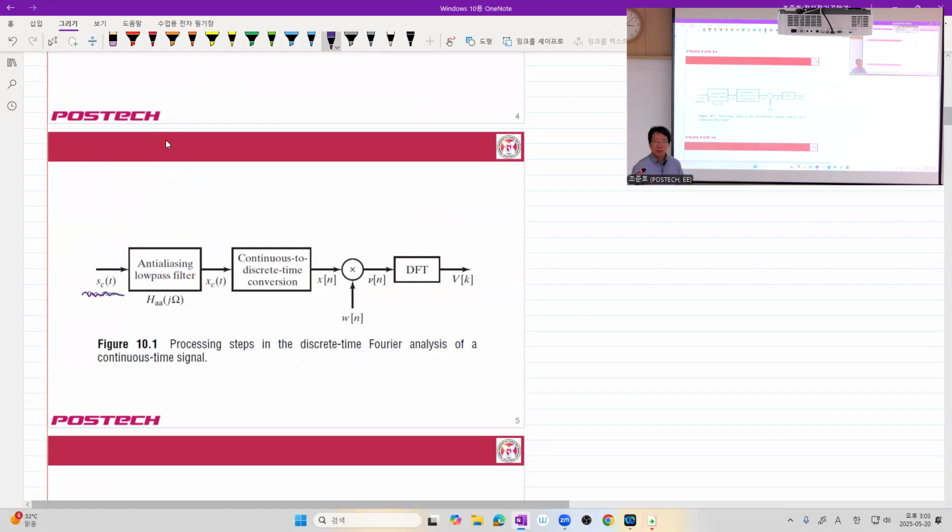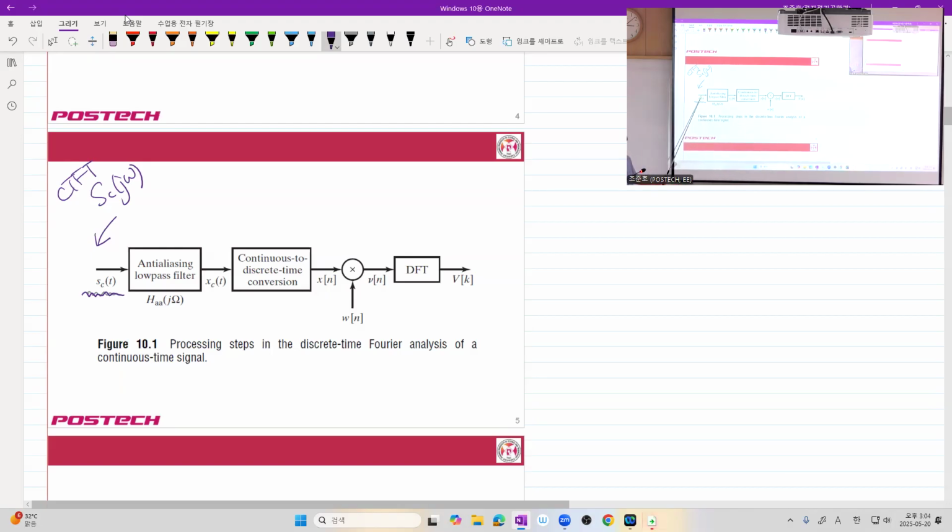And now you want to do Fourier analysis on this continuous time signal. Got it? So what do you want to do? You want to compute the CTFT of the signal, not the DTFT of some discrete time signal.